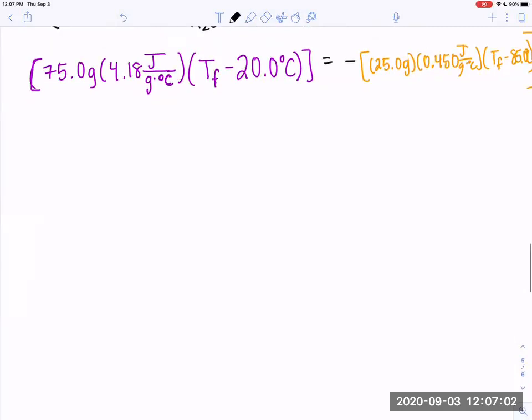Okay, so I'm going to get my calculator out, and we're just going to start by combining some like terms. So I'm going to try to just isolate this TF because the TF is the same on both sides, and that's also part of the chemistry, right? So we use math to help us figure out science.